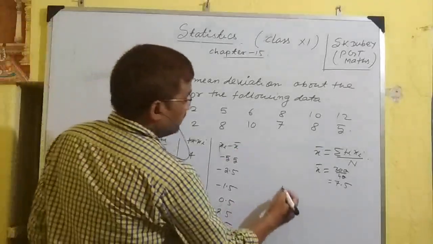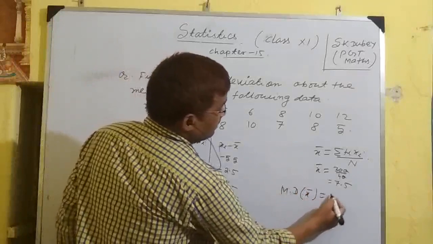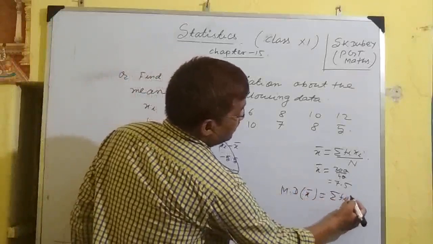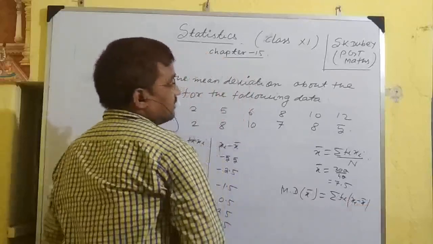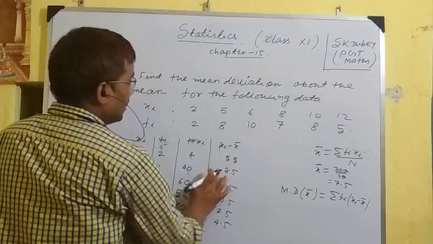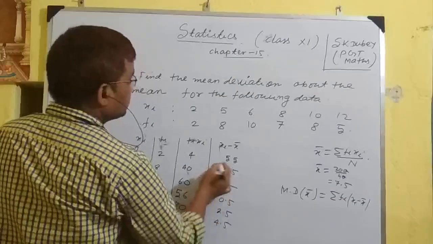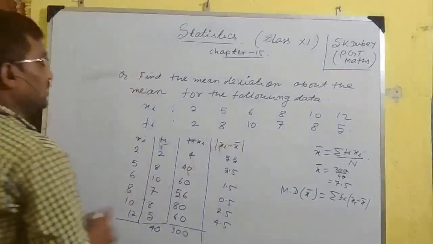The formula for mean deviation about the mean is the summation of fi times the modulus of xi minus x bar, which means we find the absolute value of the deviation.